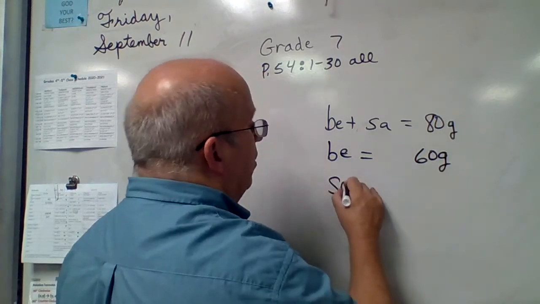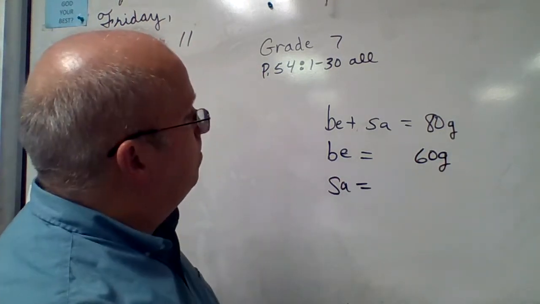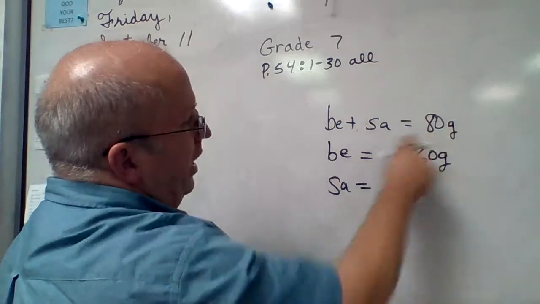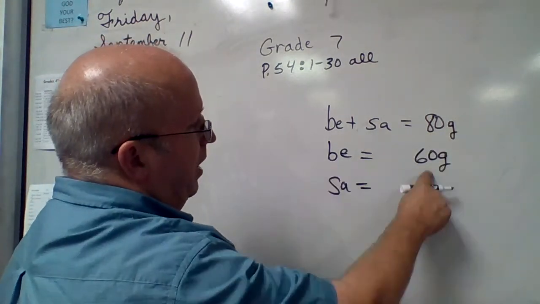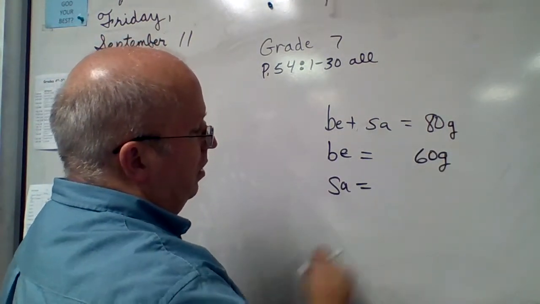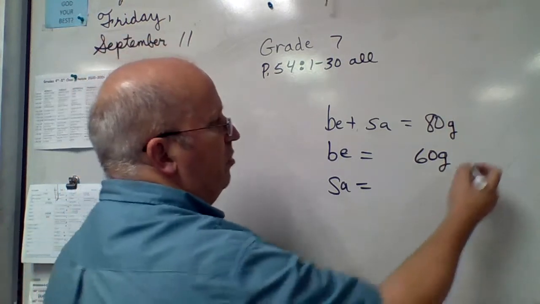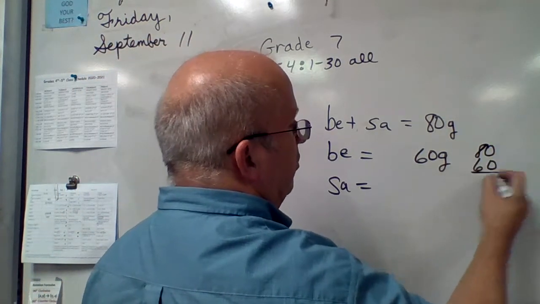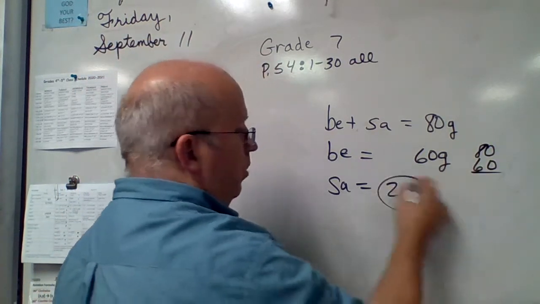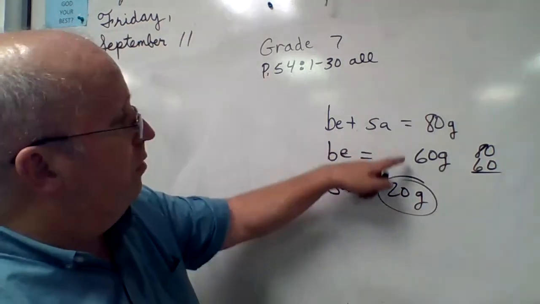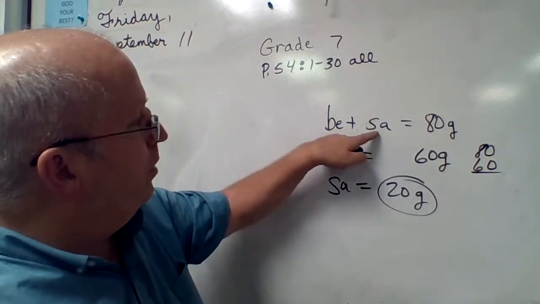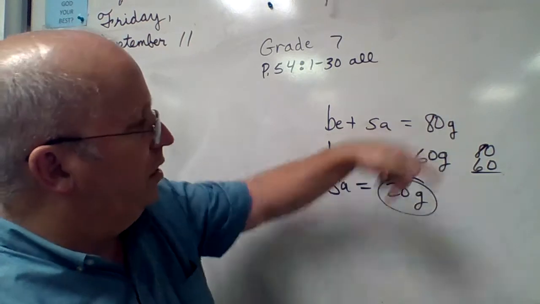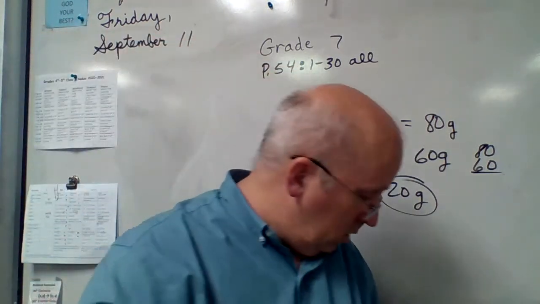If we know that, what's the measure of the salt? If together they're 80, and by itself the beaker is 60, how much is the salt? Well, that's just a subtraction problem. 80 minus 60, the salt has to be 20 grams. Because 20 plus 60, beaker plus salt, equals 80. Okay? Let's look at number 12.